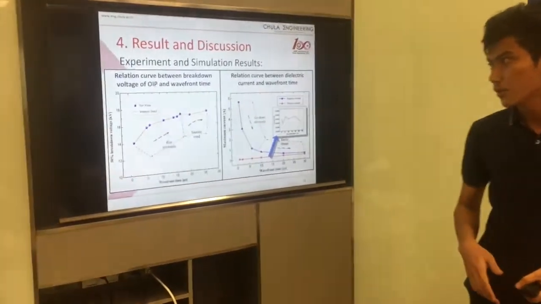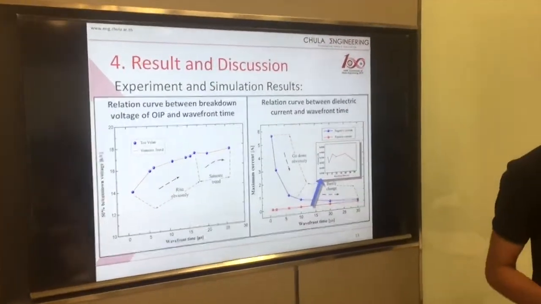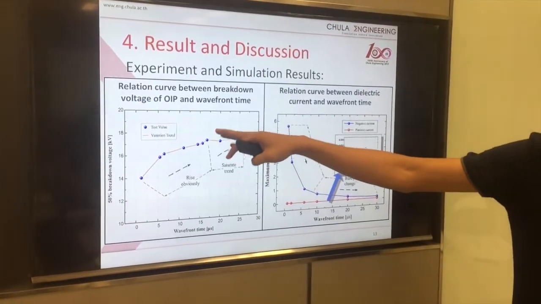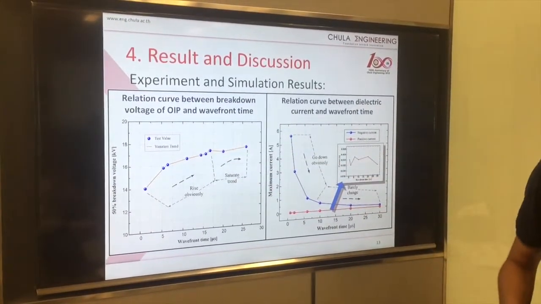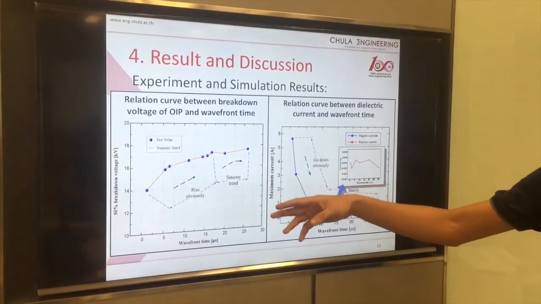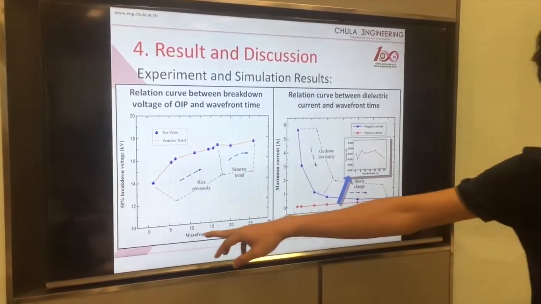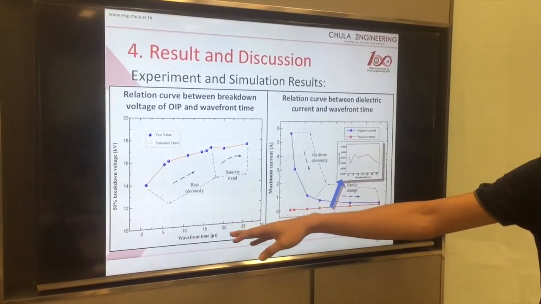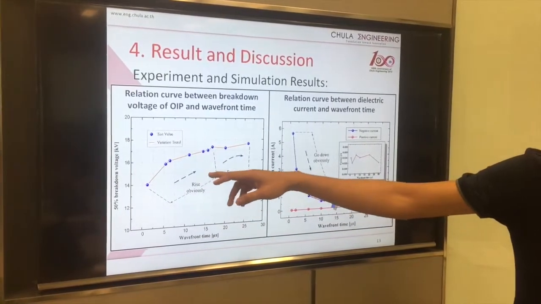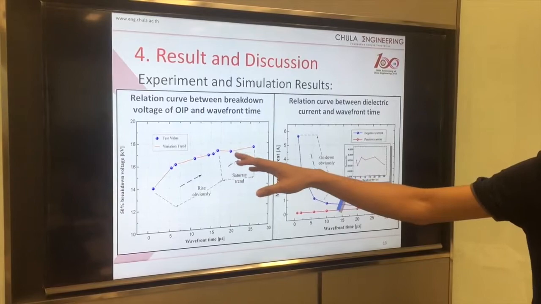Here is the result for both experiment and simulation. The left-hand side is from the experiment. You can see the wavefront time has a greater impact on the breakdown voltage. As you can see, when the wavefront time gets higher, the percentage of breakdown voltage gets higher.